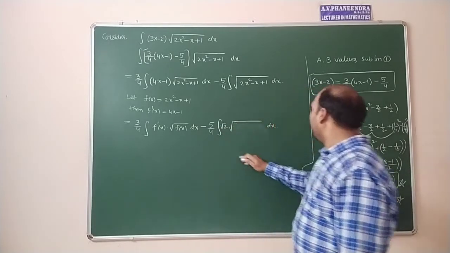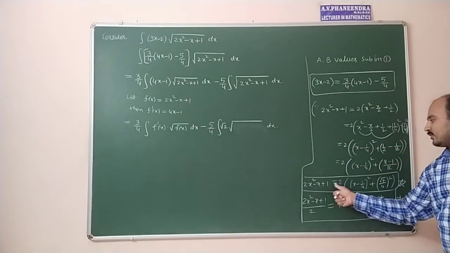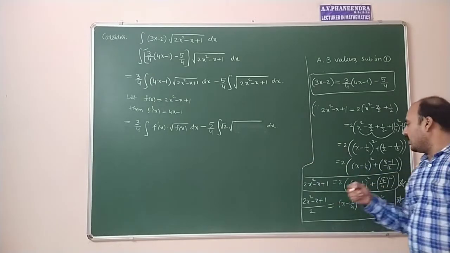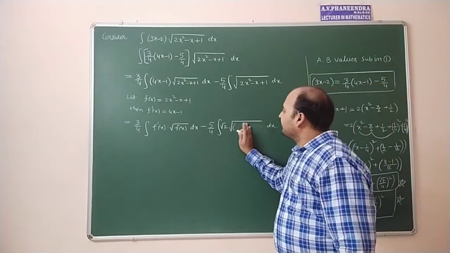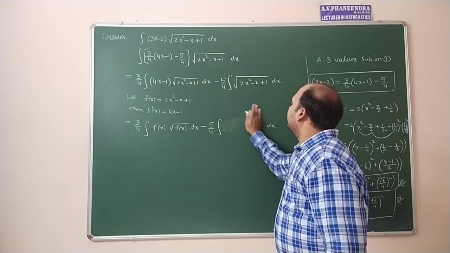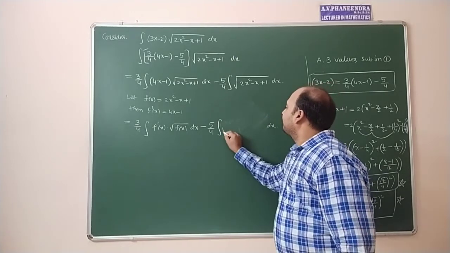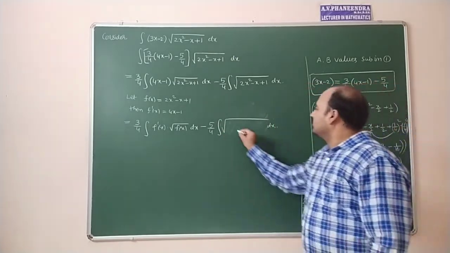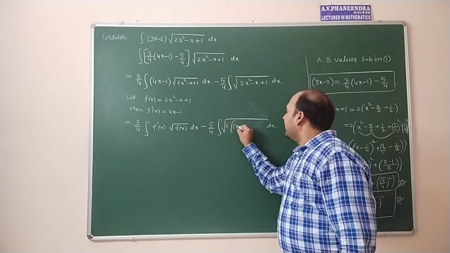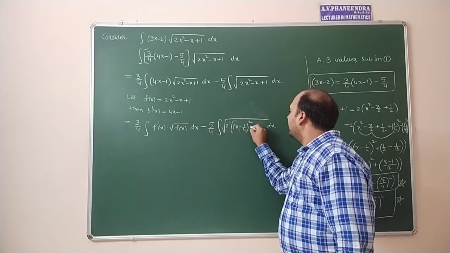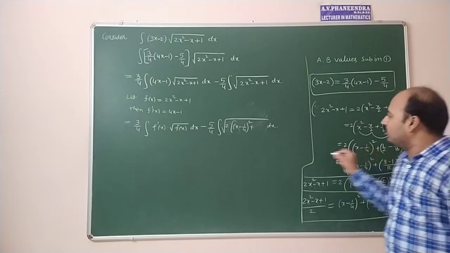The remaining, I am writing directly: square root of x minus 1 by 4 whole square plus root 7 by 4 whole square.